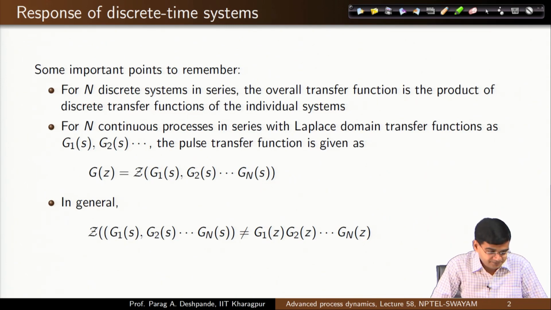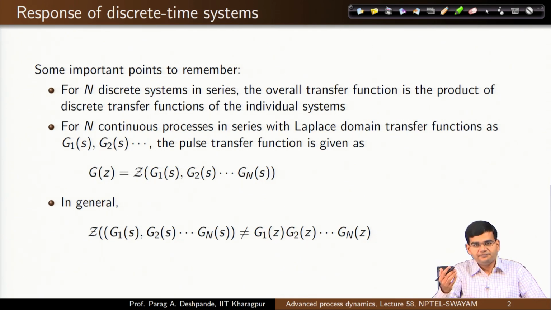transfer function. So, the first thing is that for n discrete systems in series, till now we considered a single system. In the previous lecture we took the pulse transfer function of a system which was first order and it was equipped with a 0 order hold.